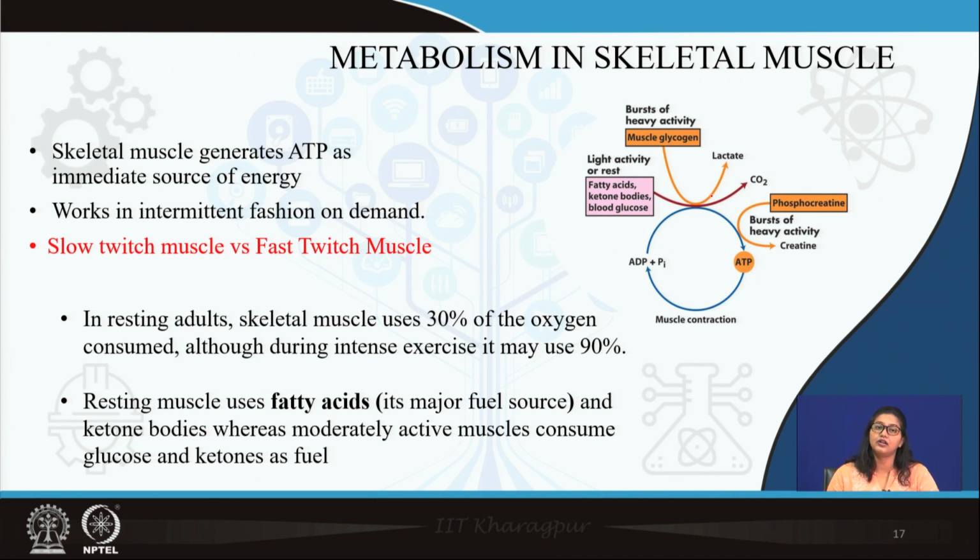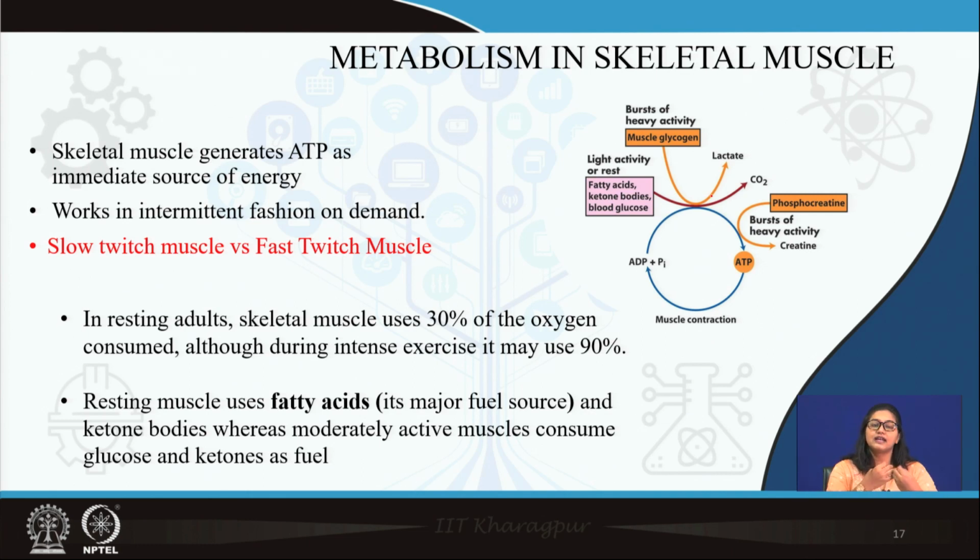The tension generated in those fast twitch muscles is very high, and their ATP depletion rate or energy utilization rate is very high. So you can see the energy and nutrient requirements in skeletal muscle are different at different phases.